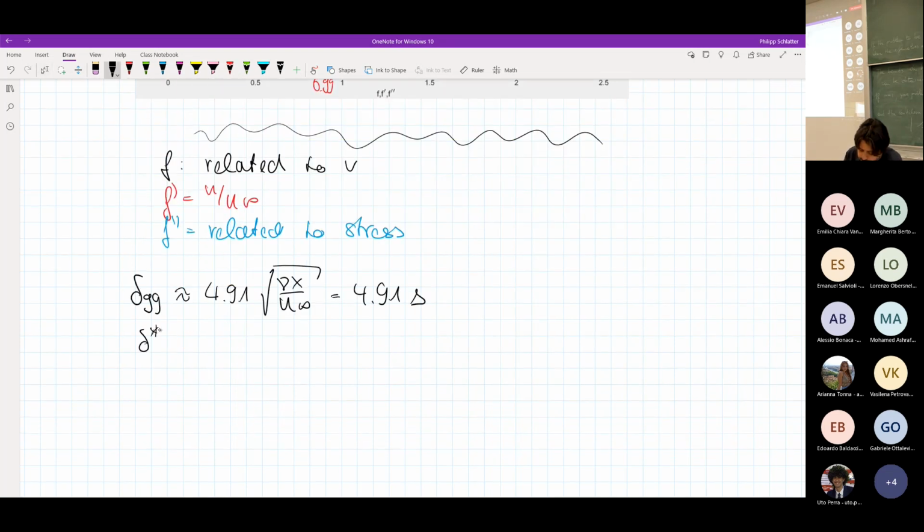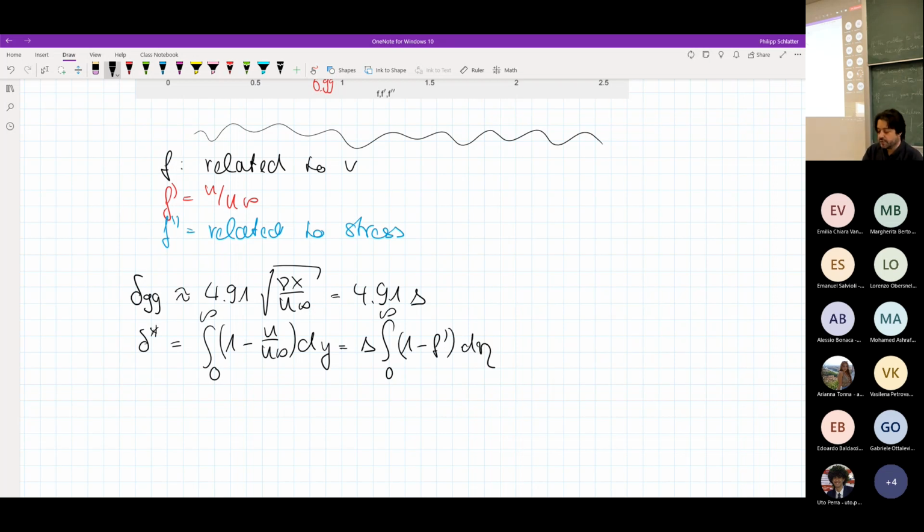In a similar way, you can also now calculate, for instance, delta star. We know the definition. This was the integral from 0 to infinity of 1 minus u divided by u infinity times dy. So that's the vertical integral. And of course, this we can now directly translate to our similarity solution. So that becomes delta times the integral from 0 to infinity of 1 minus f prime, now in d eta.